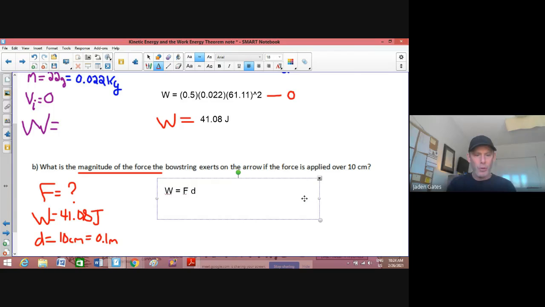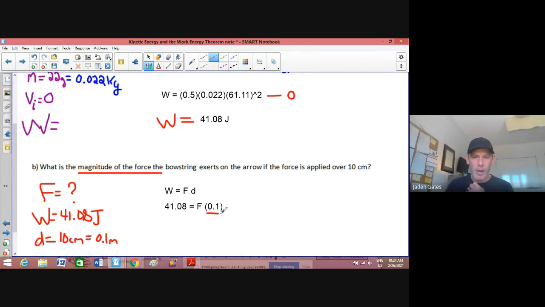All right, I'm going to substitute in here, so I have my 41.08 joules is equal to F times my 0.1. All right, and so now all I'm doing is dividing by my numerical coefficient, 0.1, on both sides.